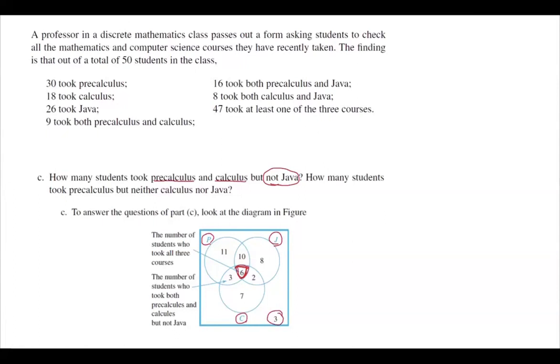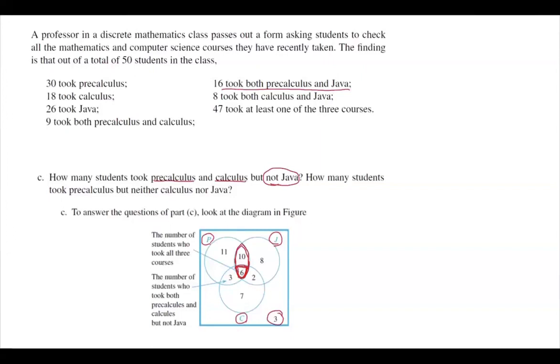Very good. So the number of people who took pre-calculus and Java, take a look. Pre-calculus and Java is 16, and at the same time, 6 of them are in the center. They took 3 classes. So you're left with 10 that took Java and pre-calculus.